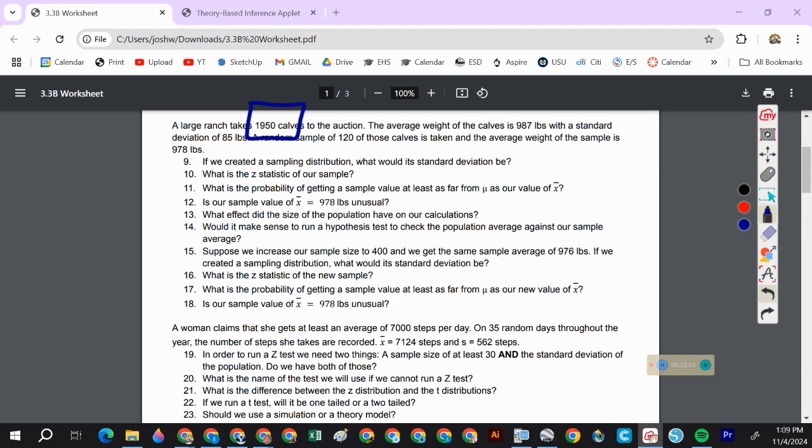No. None of the formulas use that value. It all has to do with sample size. Now, there is an exception to that. If the number of people you talk to is a significant portion of the population as a whole, that can mess things up. So if there are 5,000 people in a state and you talk to 3,000 of them, that's going to mess things up because you talk to most of them. And then you have to do different formulas, but you don't need to worry about that.